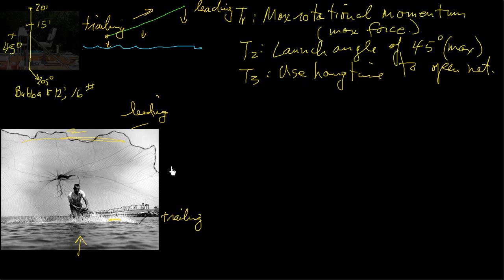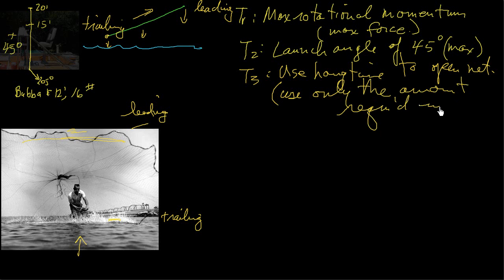In shallow water where the fish are skittish and you want to reduce visibility, you want to only use enough hang time to get the necessary distance in a full open, and you want to strive for the flattest throw to get the distance. So we can add in here, use only the amount required in the angle. And that's to reduce visibility.